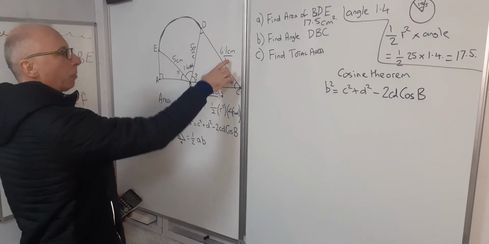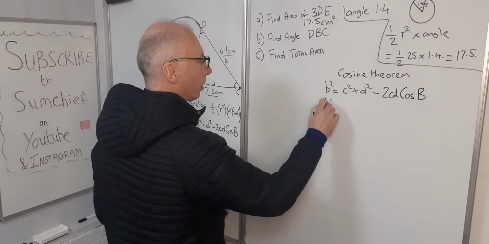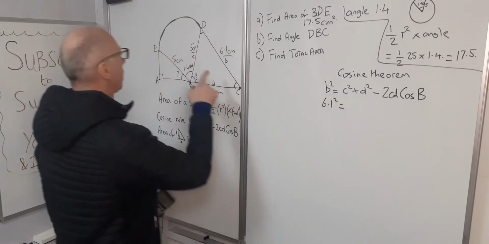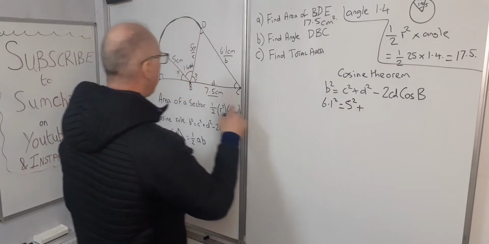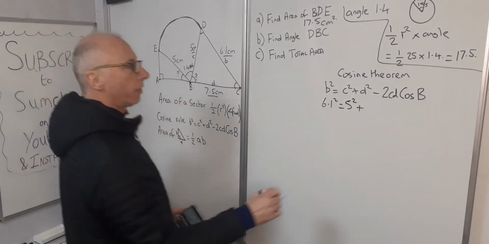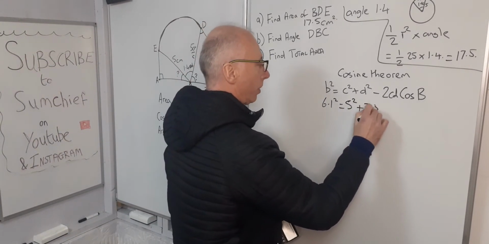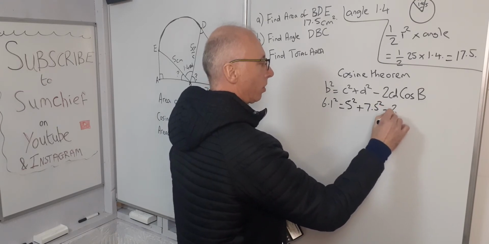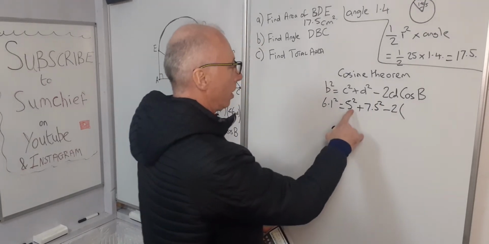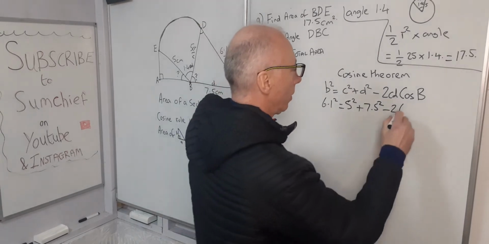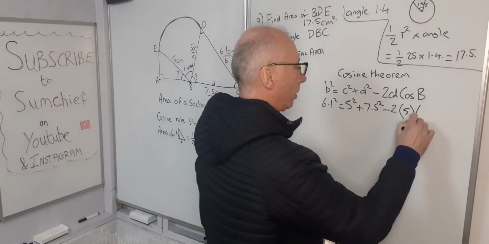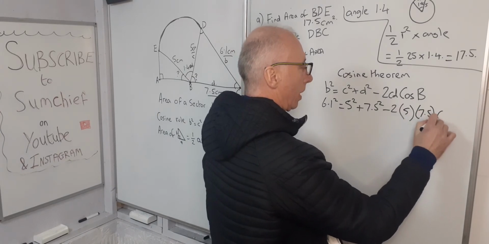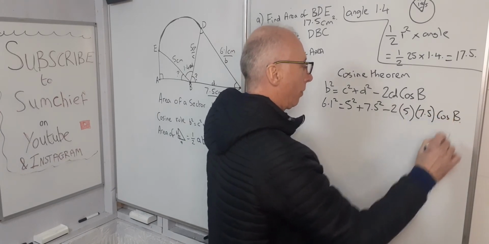So 6.1 squared equals c is 5 squared, and d is 7.5, so that's 7.5 squared, minus 2 times c, which is 5, d is 7.5, and then cosine B, which is what we want to find out.